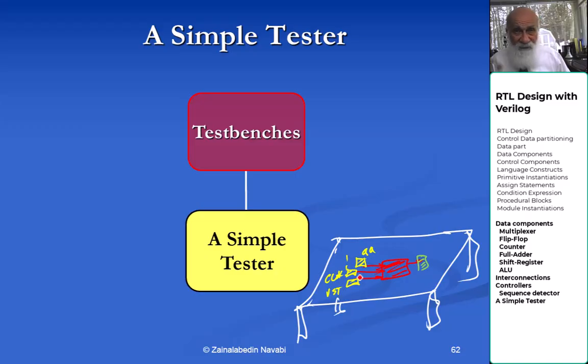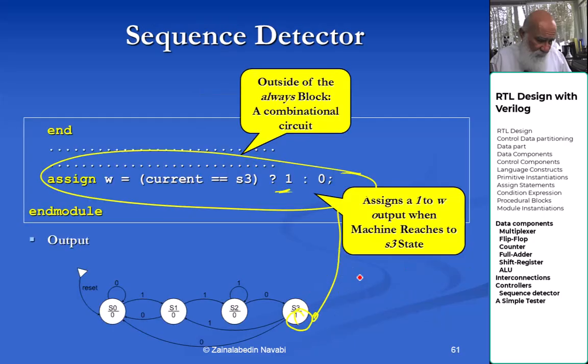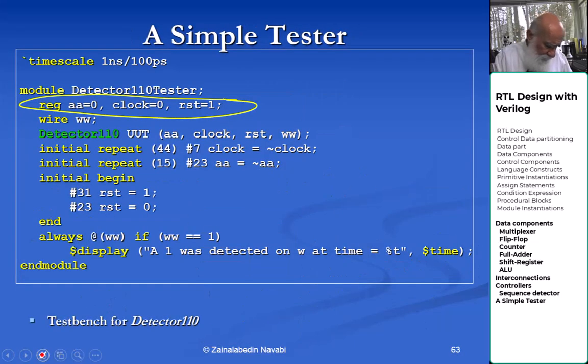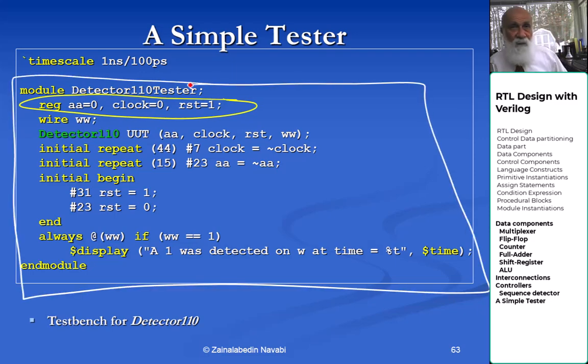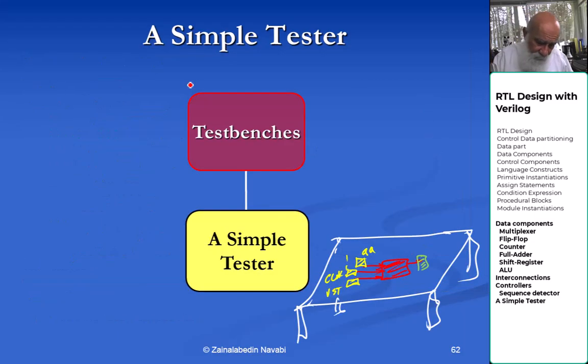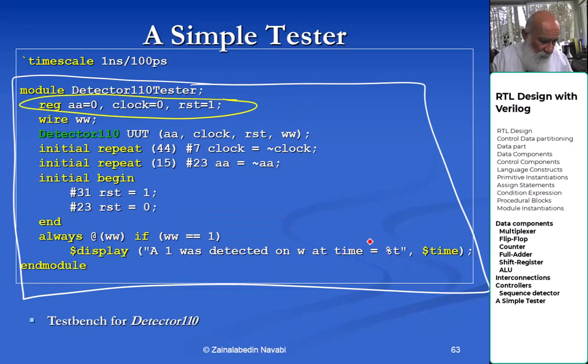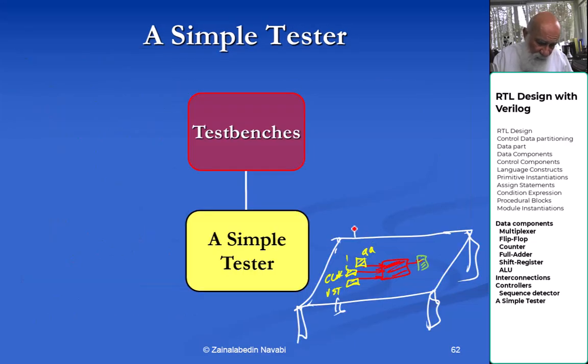Okay, so after the header, that means after this white table, and giving it the name detector 110 tester.